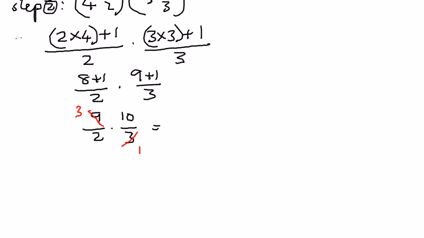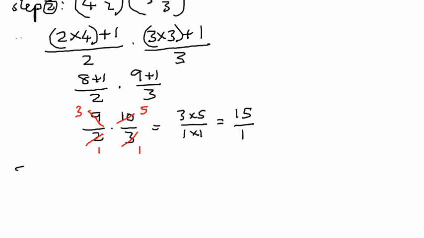We have a 10 in the numerator and 2 in the denominator. 10 is a multiple of 2. 2 times 1 is 2, 2 times 5 is 10. So therefore, we can write this as 3 times 5 divided by 1 times 1. 3 times 5 is 15, 1 times 1 is 1. So the denominator reduced to 15 over 1.